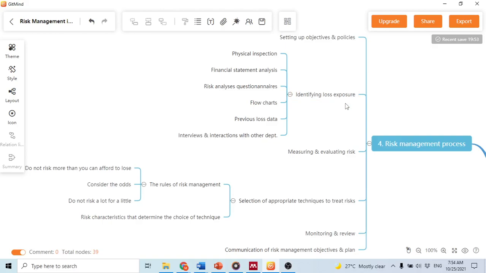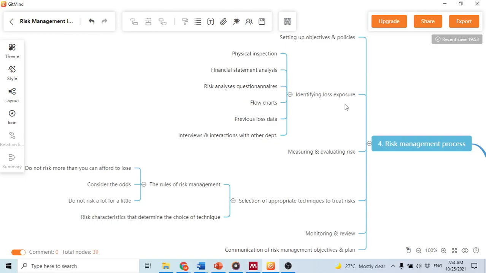Next is identifying loss exposures. Once the objectives and policies have been formalized, the next step that needs to be taken by the organization in the risk management process is to identify all major loss exposures.